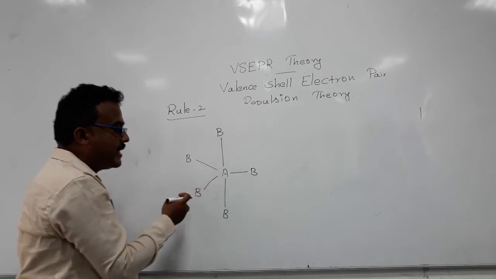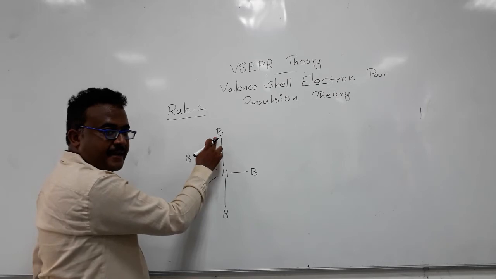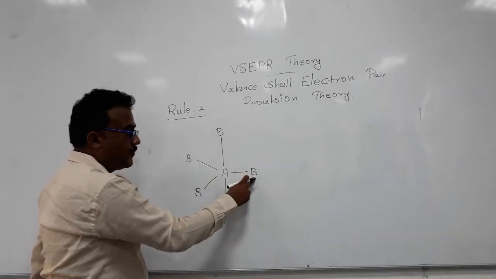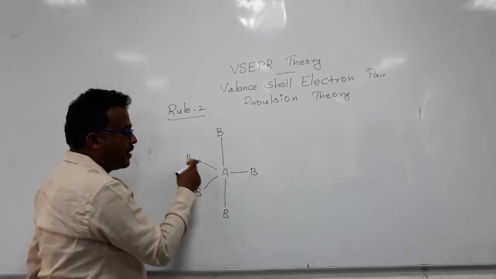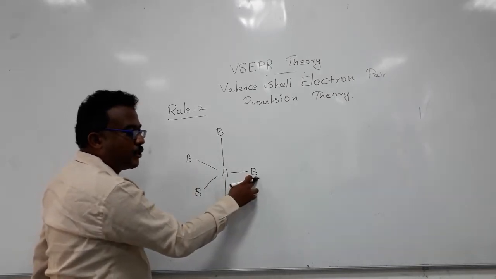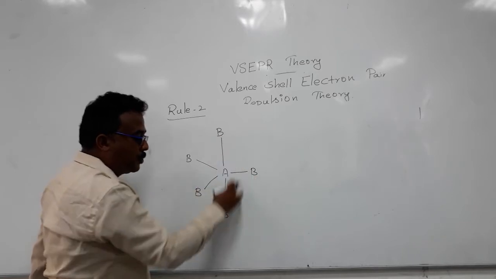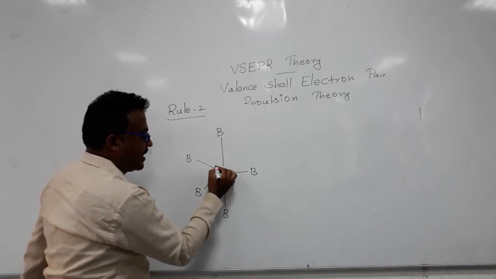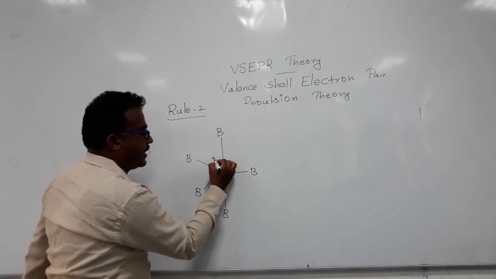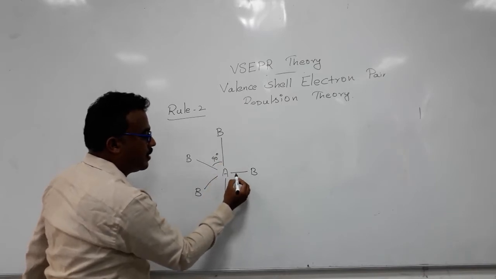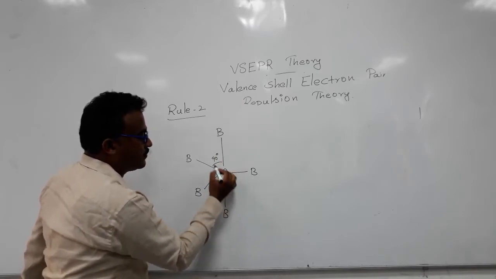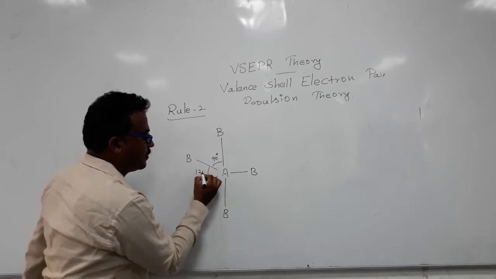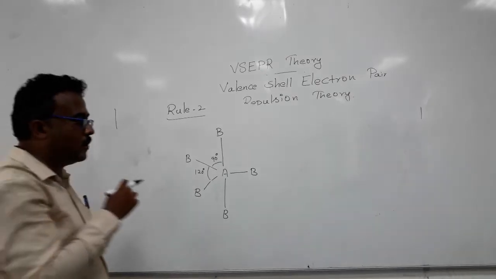So, you can see here this axial atom has 3 neighboring atoms. If you come to the equatorial atom, it has only 2 neighboring atoms on the basis of bond angle. For example, the bond angle between these 2 is 90 degrees, the bond angle between these 2 is 90 degrees, and between these 2 it is 120 degrees.